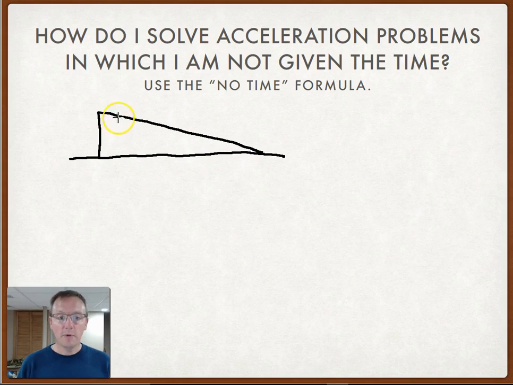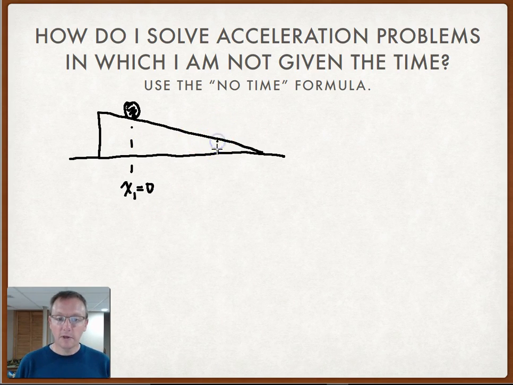And at the moment we observe the object, let's say it's another ball rolling down here. At the moment we observe it, its initial position, we're going to say, is 0. Because I can define wherever I want my 0 mark. So I'm going to say it's 0 right there.